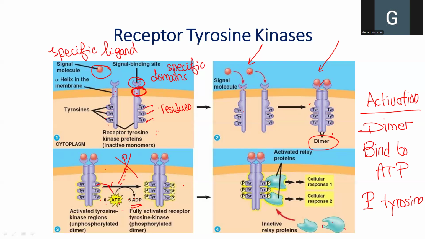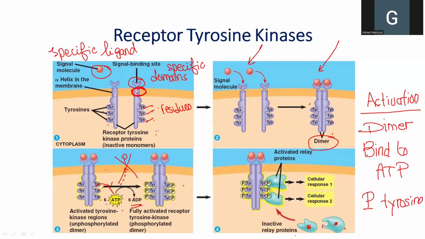So you can see at the bottom of the picture these two proteins that are inactive, and they bind with the phosphate on the activated receptor, and they get activated by being phosphorylated. Actually, the whole process of activation here is through phosphorylation. Here we have two different relay proteins. One of them initiates cellular response 1, and the other initiates cellular response 2.